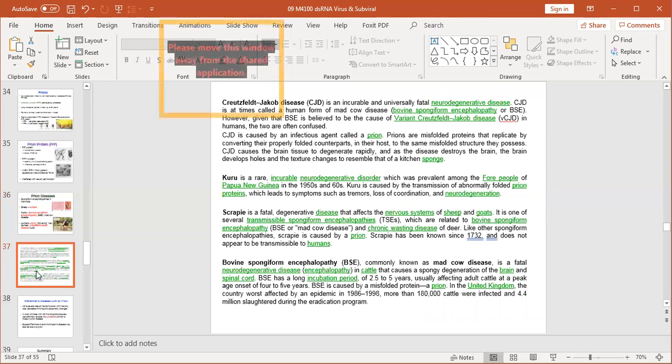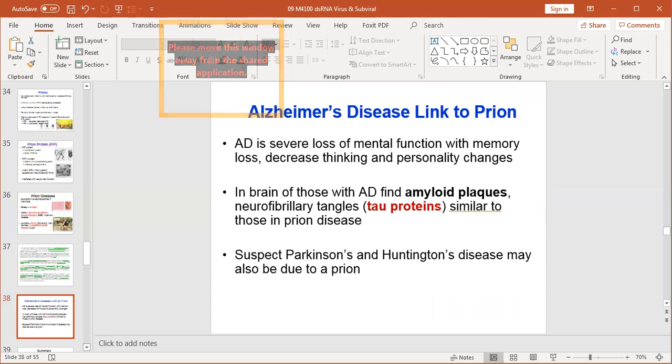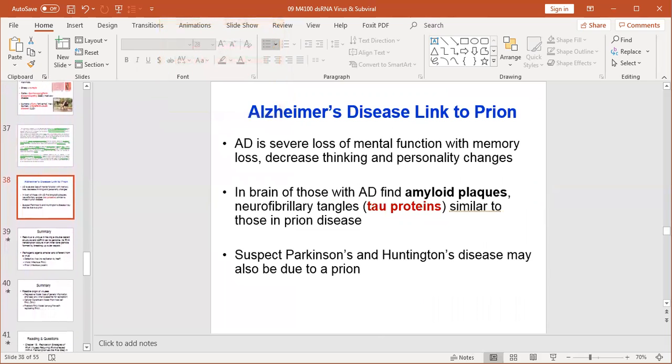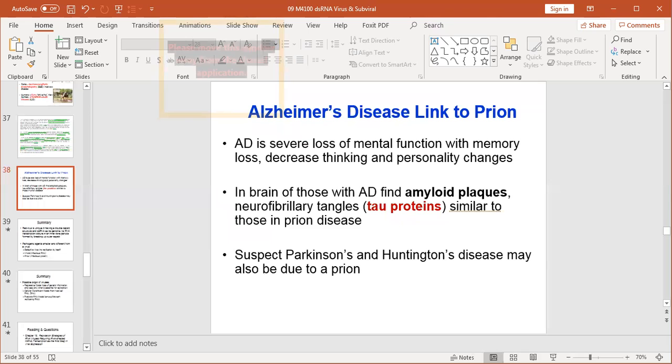Slide number 37 is a little bit of a description of these different types of diseases that we see: Creutzfeldt-Jakob, Kuru, scrapie, and BSE, or bovine spongiform encephalopathy, or mad cow disease. Slide number 38, Alzheimer's disease, link to prion.